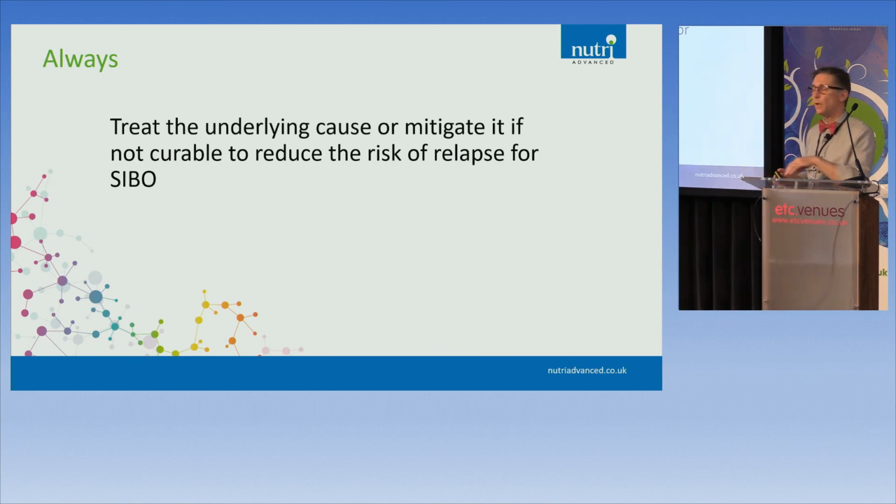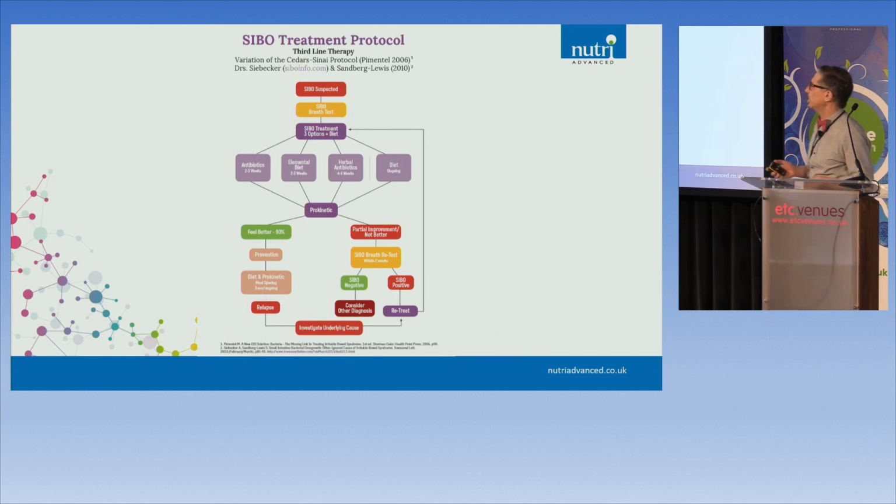So treat the underlying cause or mitigate it as much as you can if it's not curable. There again is the colorful copy of our treatment protocol. Take a look at that again later.